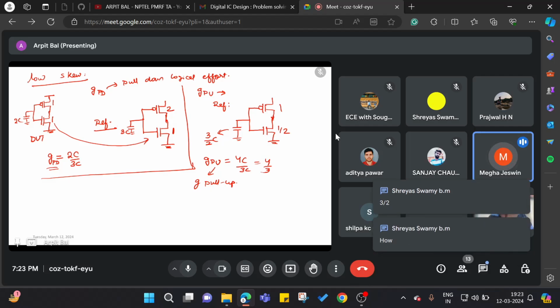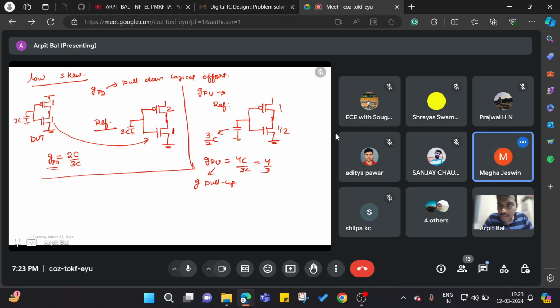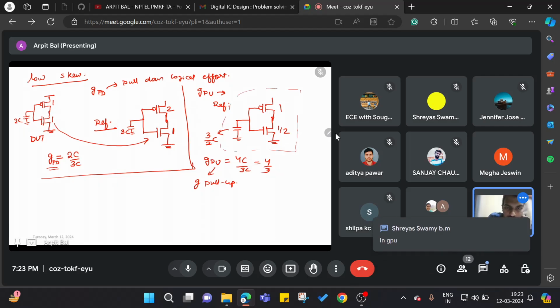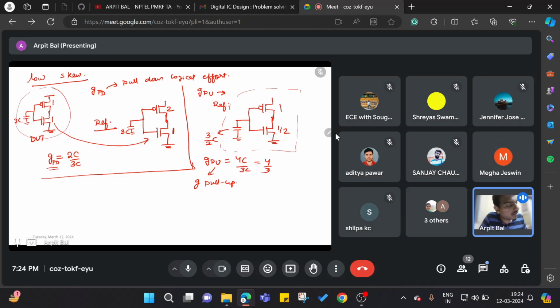Sir, why can't we put 3 by 2 by 3 for G pull up? No, that's the reference inverter. So this is the reference inverter, and this is our DUT. We are just changing which reference inverter to take when.